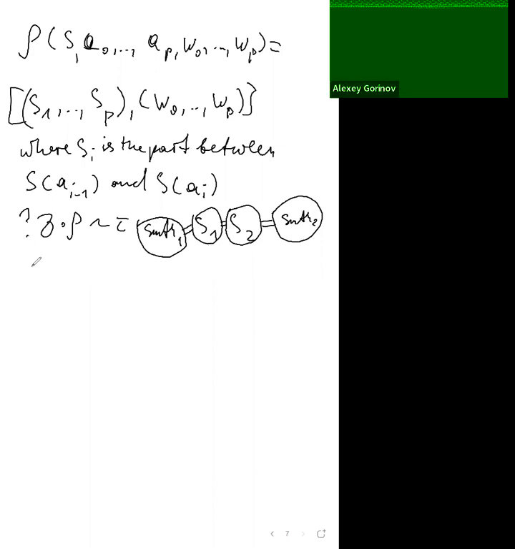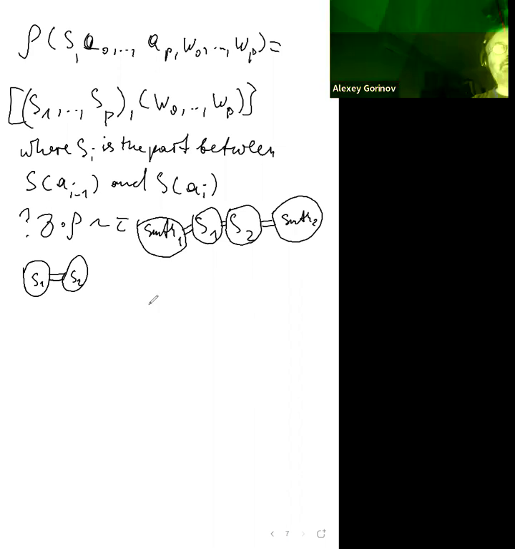What is the left-hand side? Well, the left-hand side is S1 connected sum with S2, and then instead of something 1 and something 2, we attach parts of the standard cylinder.